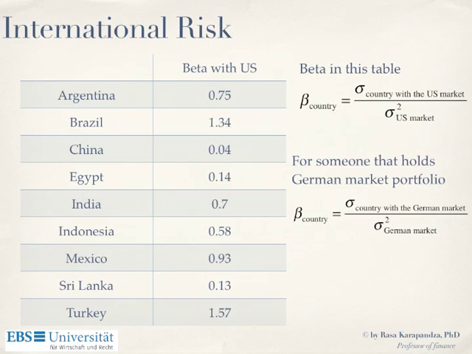If you are invested in the US companies, then this would be your beta with different countries. So that would mean by investing in Turkey, you would amplify your risk, but you would get more in return. If you invest in China, you will actually decrease your risk, etc., etc. For Germany, you would have to calculate this by yourself.